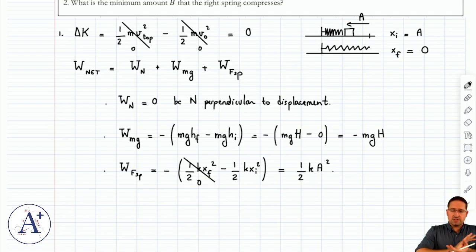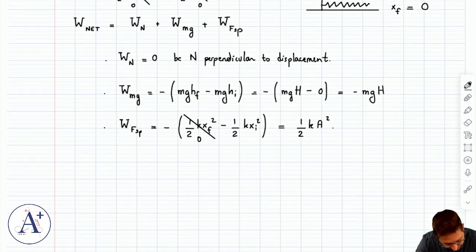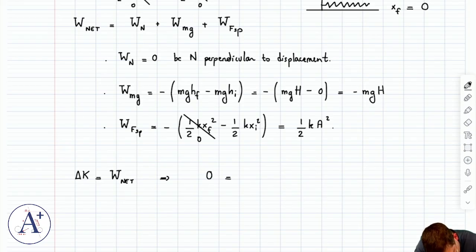So the net work is the sum of all three. And therefore, we can say that delta K is equal to work net by the work-kinetic energy theorem. Then 0, which is delta K, is going to be equal to the work done by the normal, that's 0, minus mgh plus 1/2 k a squared.